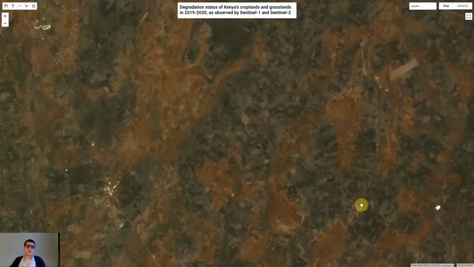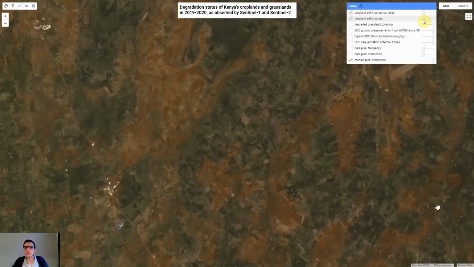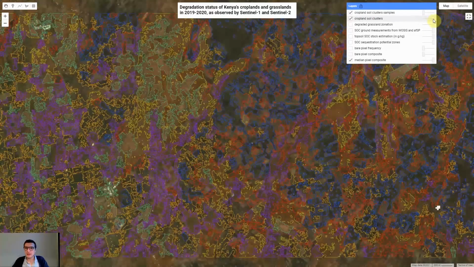The second service, or the second prototype of service, is the optimizer for the field sampling locations. So in a similar fashion to what we did at the country scale in Kenya to generate these zones that were, let's say, delineating areas of sequestration potential for soil organic carbon, we do something similar but at the field scale, where we essentially also extract the bare soil pixels of the imagery.